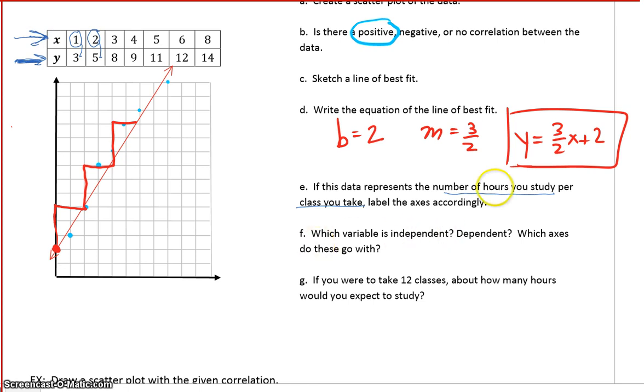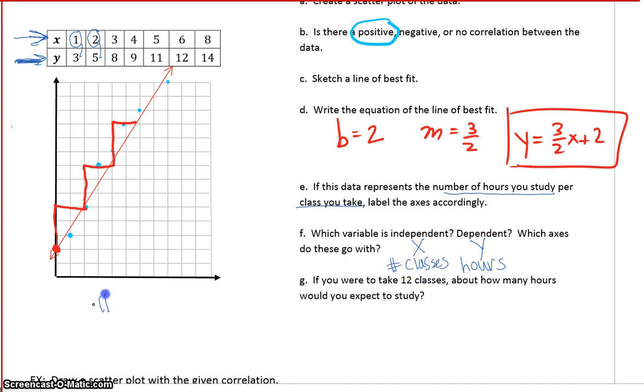So looking at F here, the y is going to be your dependent variable. Your x is the independent variable. So for this one, your hours depends on the number of classes.